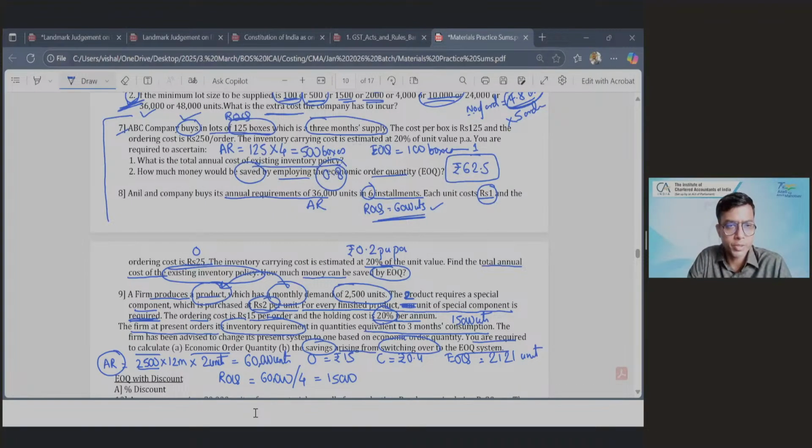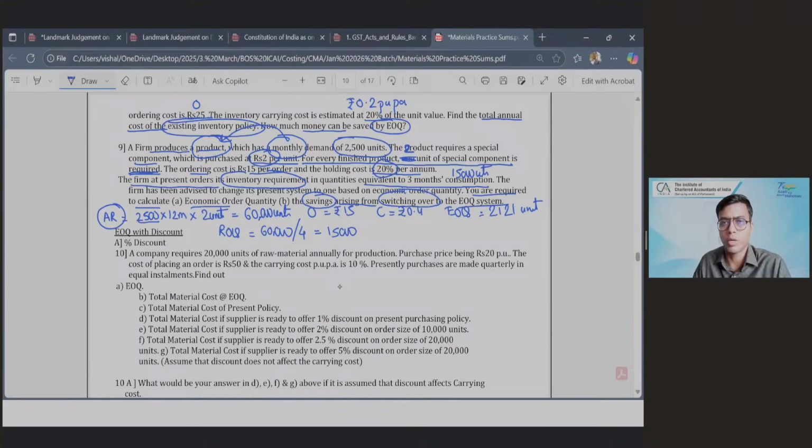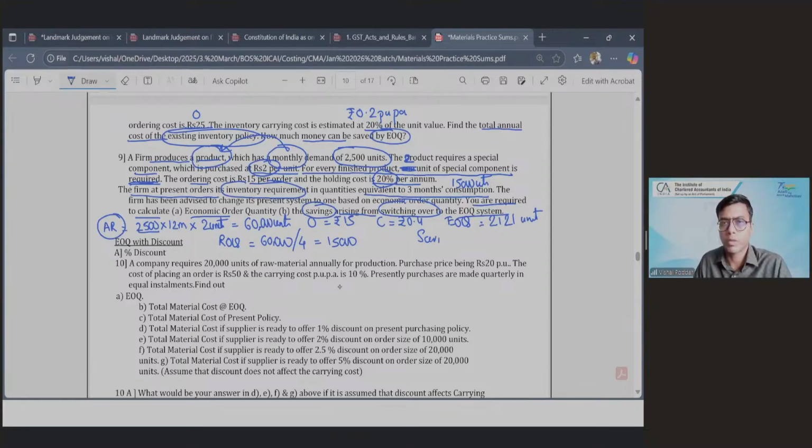Kyra has given me the answer. The difference we save is 2212. Okay. So very good. Gunjan Devi has given me 2 answers. I'm writing it for the benefit of all. So here our EOQ in question 9 is 2121 approx, and savings is 2212 rupees.